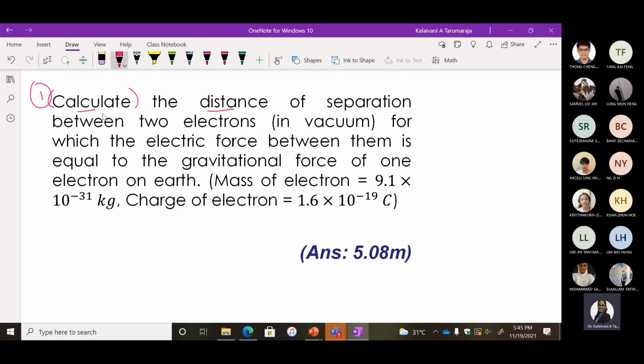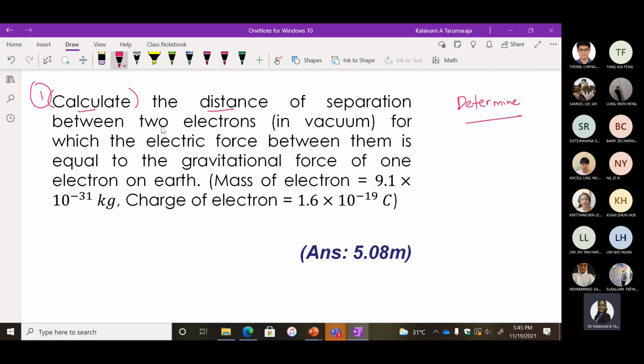Sometimes they also use the word determine. Calculate means you need to do some calculations. Determine does not necessarily mean you need to explain things; sometimes they use determine to mean calculate. You need to calculate.